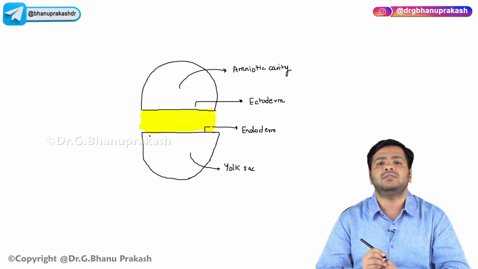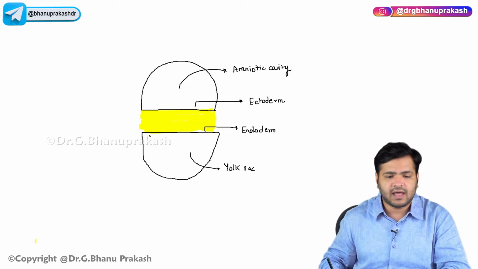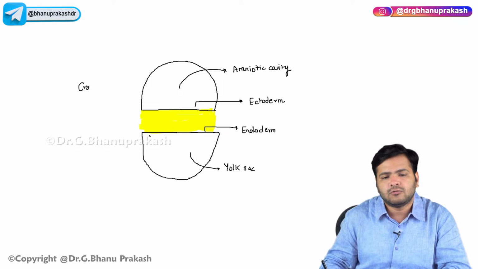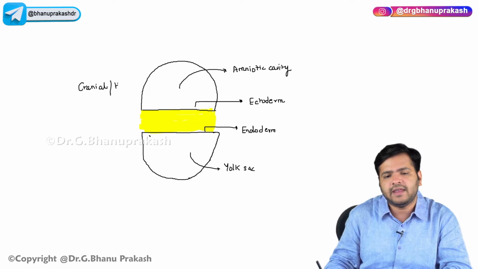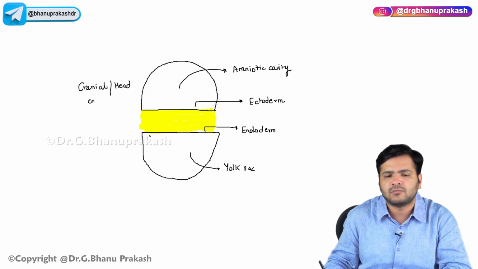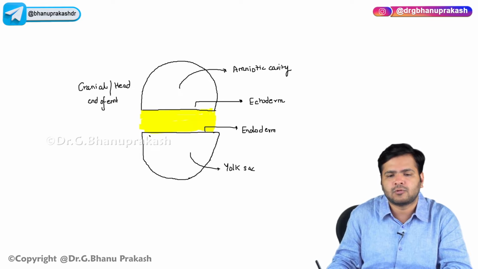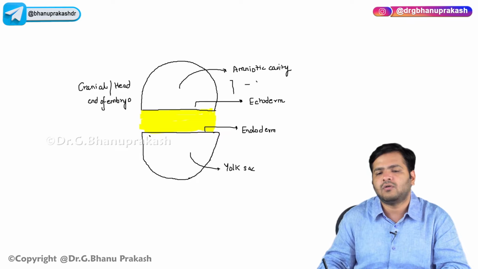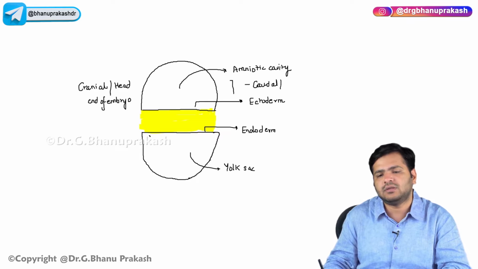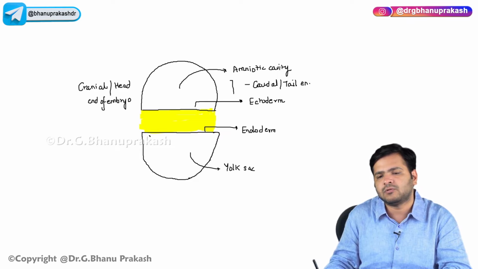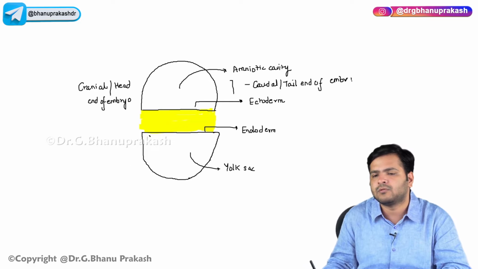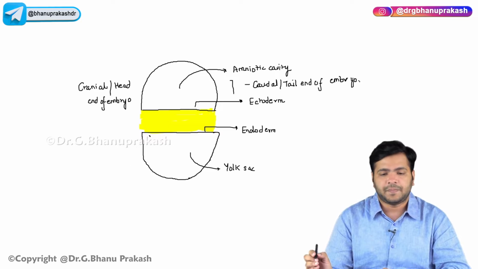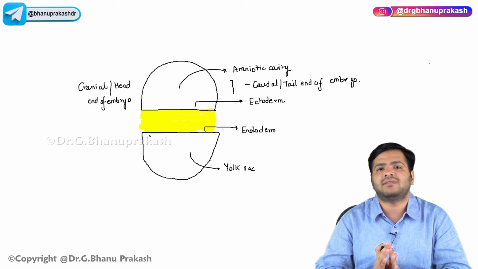Now in the mesoderm, let us suppose this is the cranial or the head end of the embryo, and this side is the caudal end of the embryo or the tail end of the embryo. The amniotic cavity, yolk sac, everything you already know.